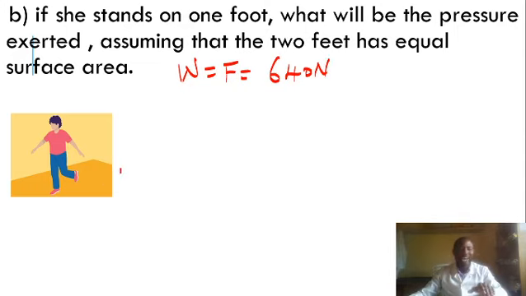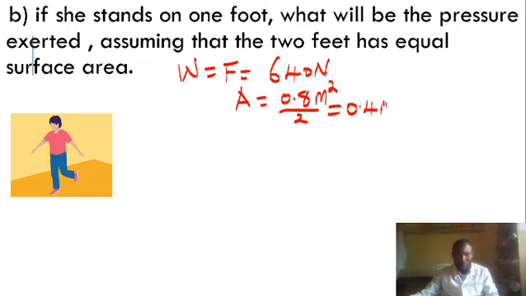The weight is still there, but in this case, standing on one foot, the total weight is now over a cross-sectional area of 0.8 meter square over 2, which is 0.4 meter square. This is the area, because she is using just one foot.